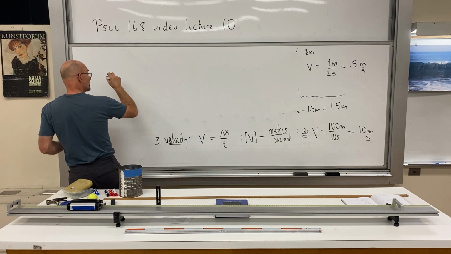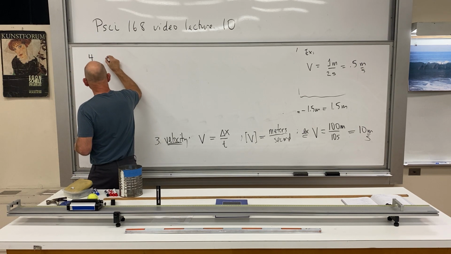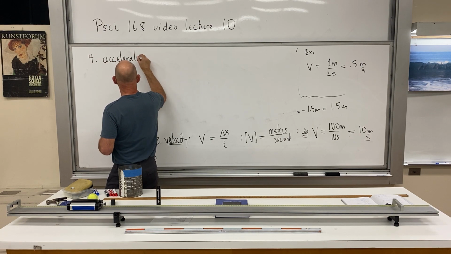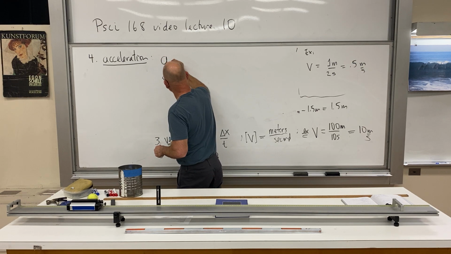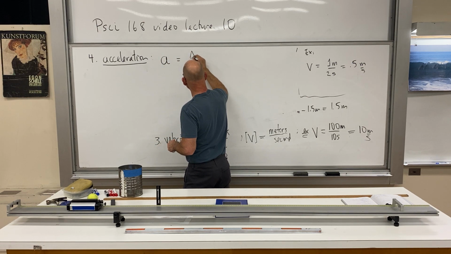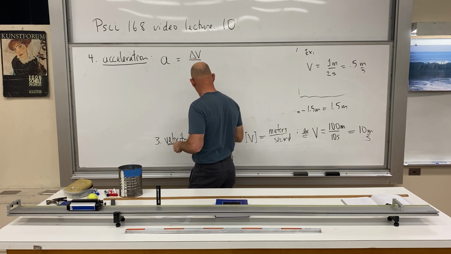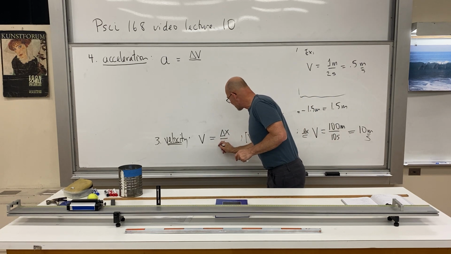So for acceleration, and acceleration we'll call the letter A. It's the change in velocity over the time. You know what? I'm going to go ahead and put a delta t here.